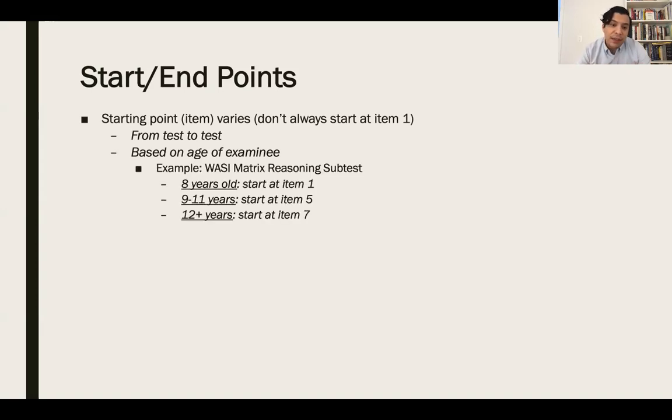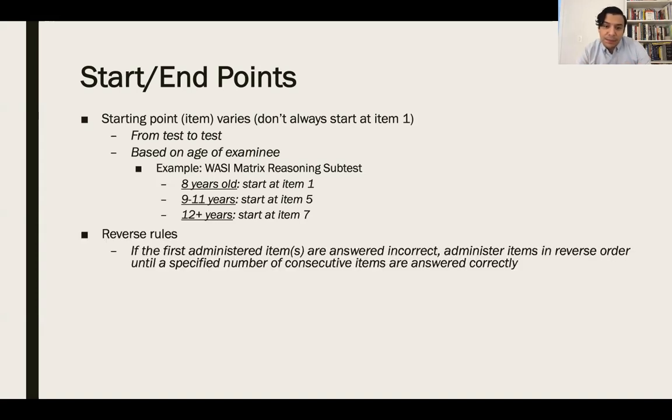An example would be the WASI matrix reasoning subtest. For 8-year-olds, they start at item 1. If the examinee is between 9 and 11 years old, they start at item 5. If the examinee is 12 or more years old, you start at item 7. So starting points vary even within the same test sometimes.